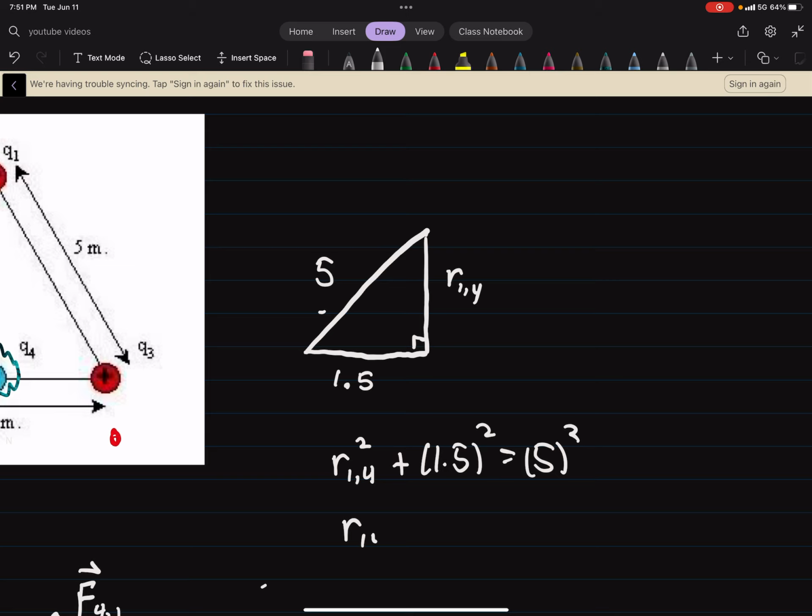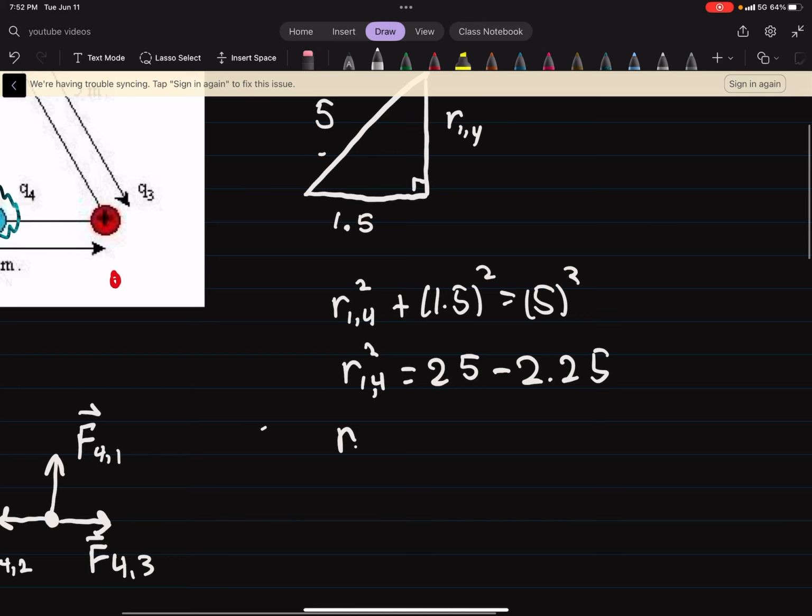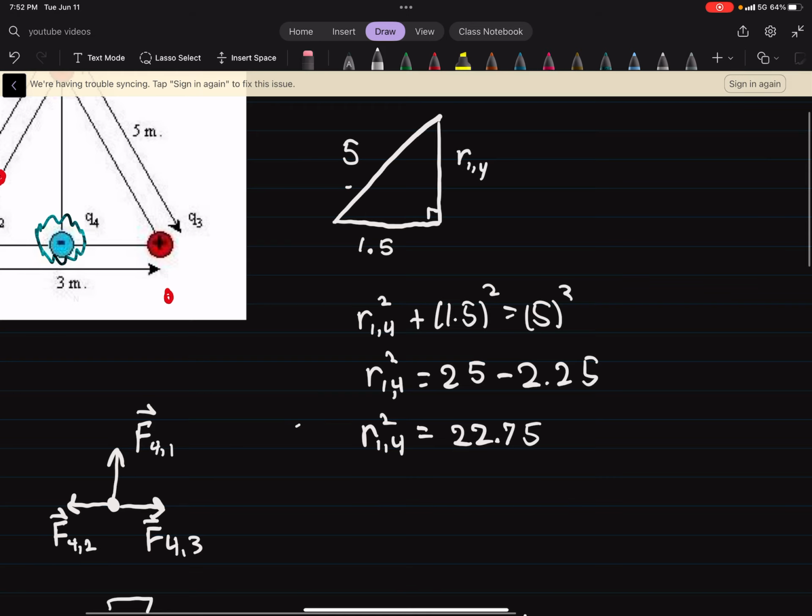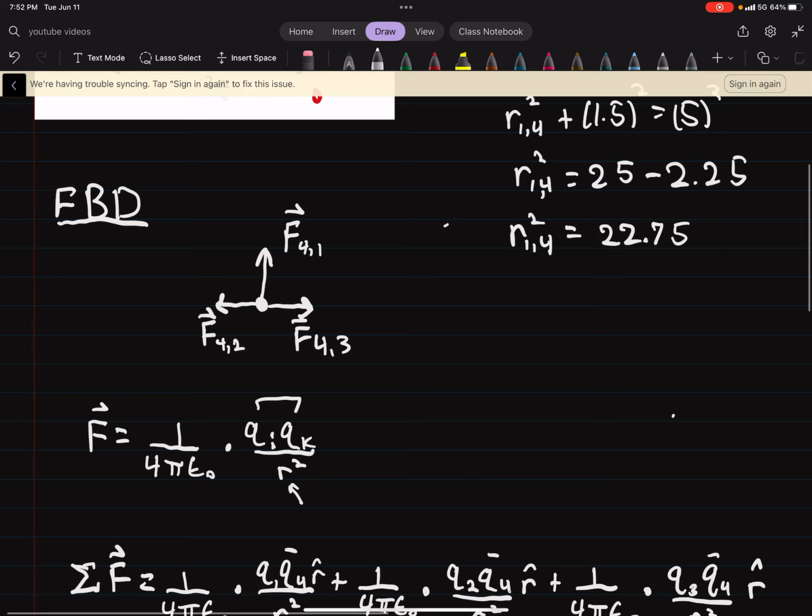So our 1/4 distance squared equals 25 minus 2.25, and of course you don't really need to take the square root because we're interested in the square anyways. It's 22.75. Okay.